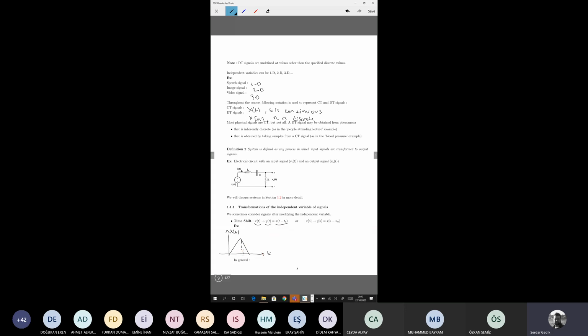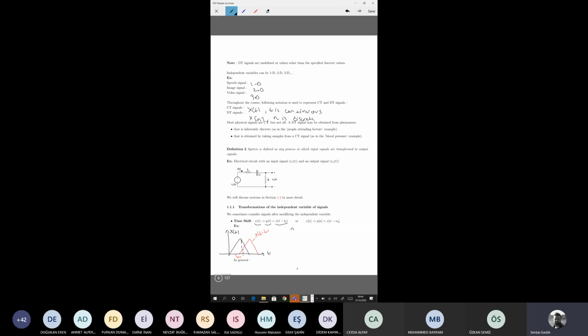When I shift my signal, let's draw once more. This is my t0. This is x of t minus t0.